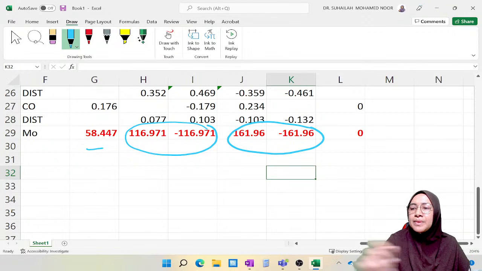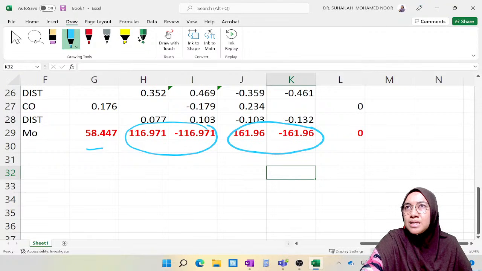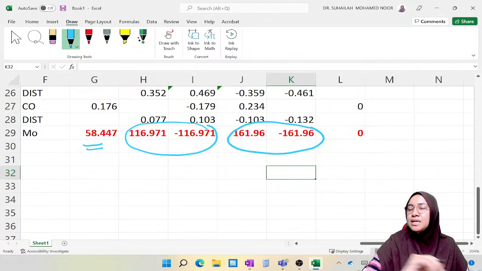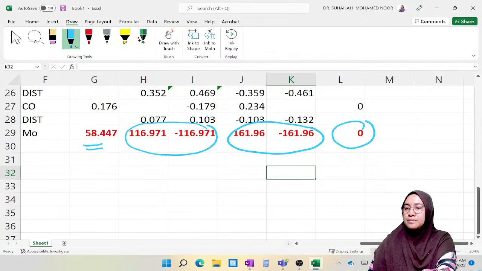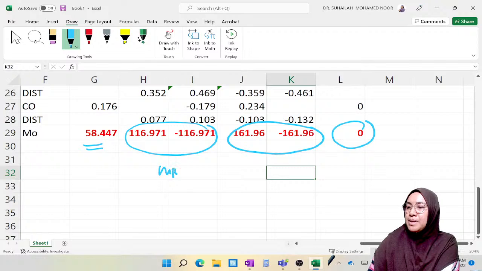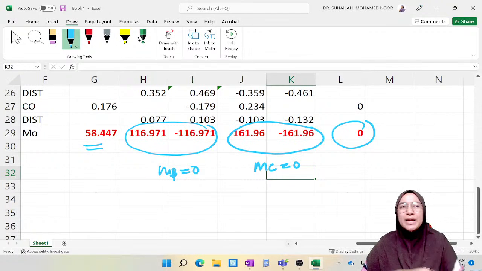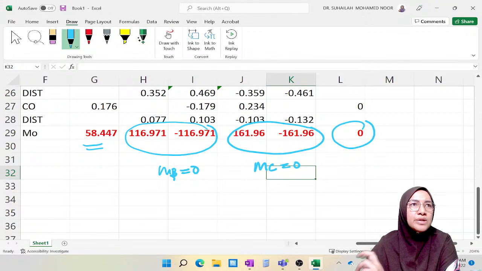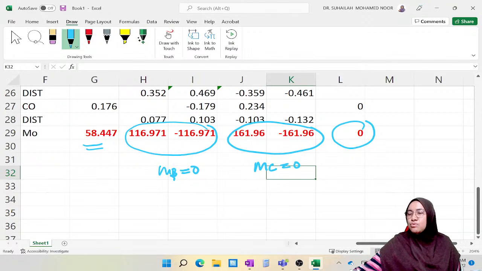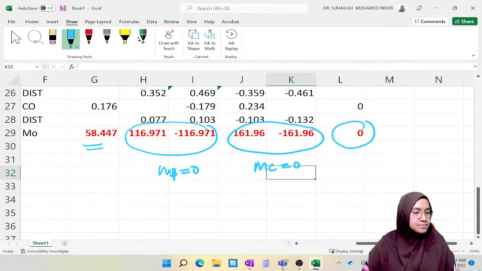Okay, MA, this 58.447, is actually MAB or equal to MA, and there's no moment at D because D is pin. This is MB, which is equal to 0, and MC, which is equal to 0. So we bring this value to continue to calculate the R value.